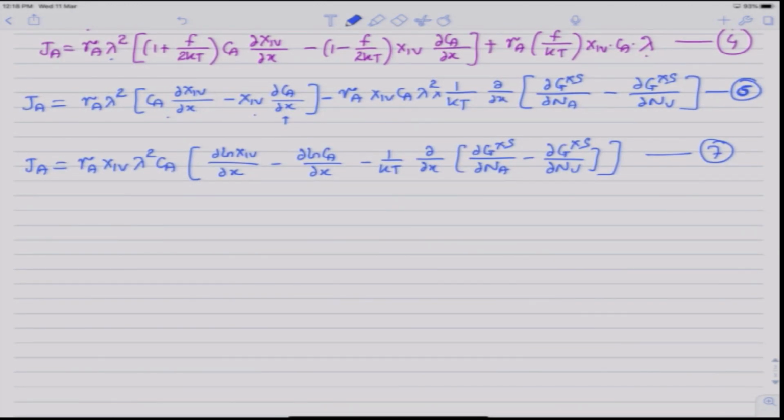Now let's try to find out the nature of dou gxs by dou Na and dou gxs by dou Nv.